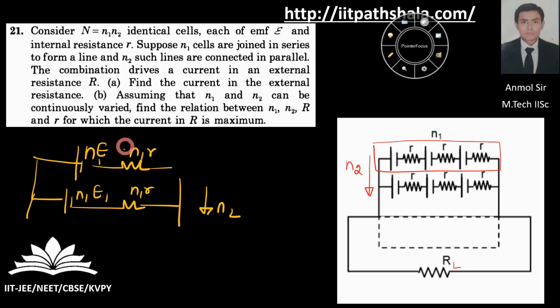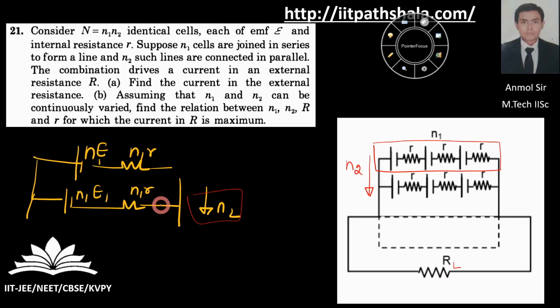So I have added all the resistances because all the resistances are in series. Okay, so that's how I am simplifying each line over here. So this is my line 1. Because my line 2 is identical to my line 1, it will give me the same output. Now n2 of these lines are joined in parallel, so there are n2 of the same lines.